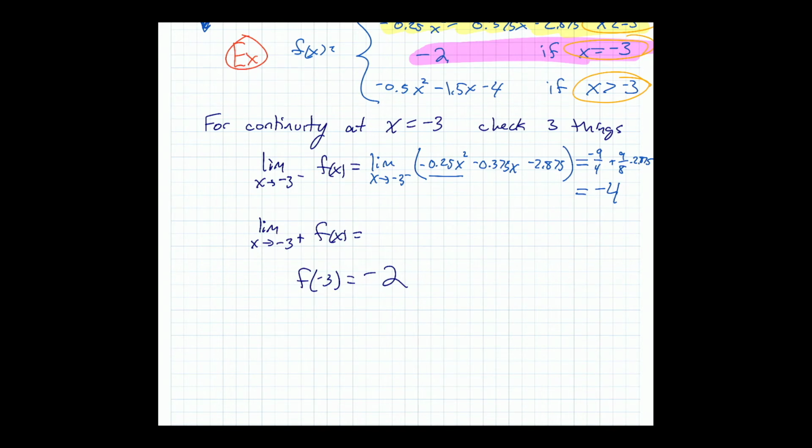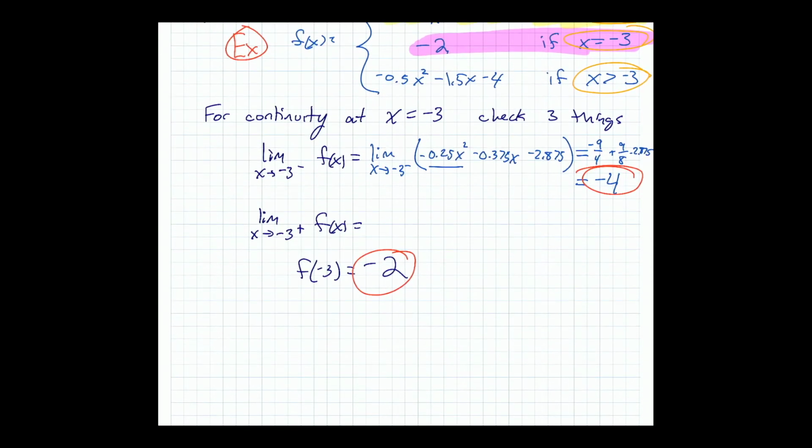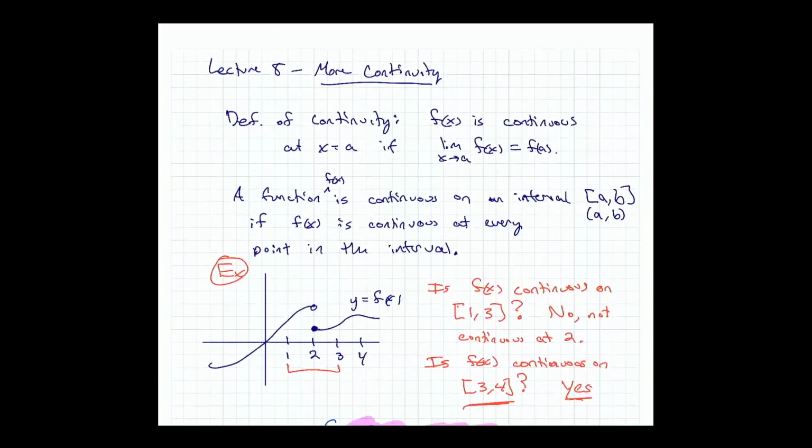All right, so that's the answer. But we're already done with the problem then, because the limit from the left is negative 4, and the function value is negative 2, and those aren't the same, right? So how could we meet this definition of continuity?